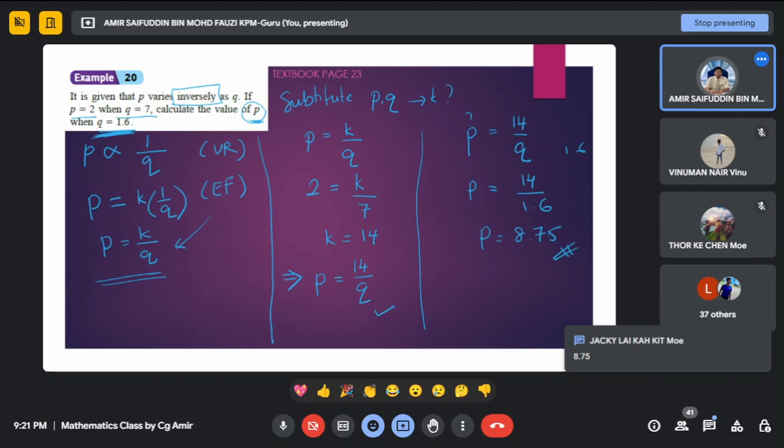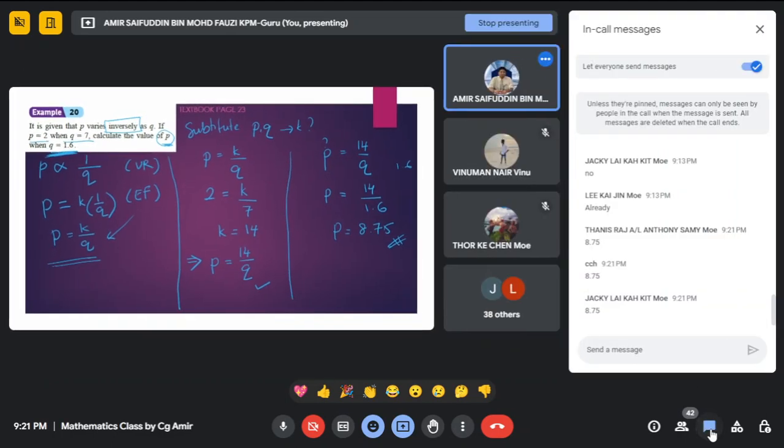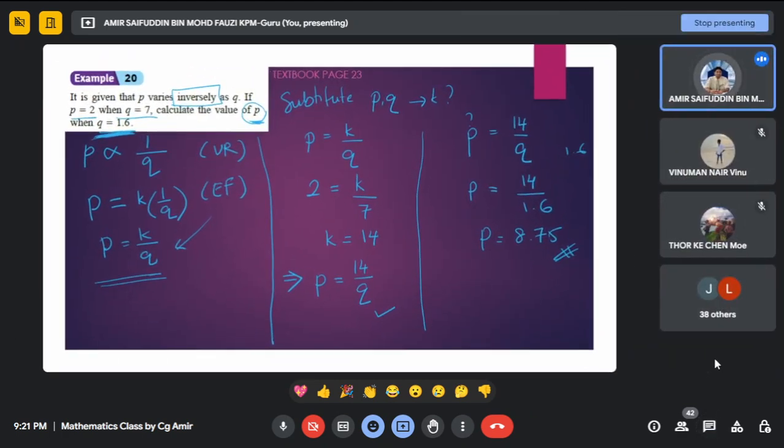So that's an inverse variation. Yes, Jackie, 8.75. Thank you. Okay, thank you, Tanis. So this one is the answer for example 20. In your textbook it is on page 23.